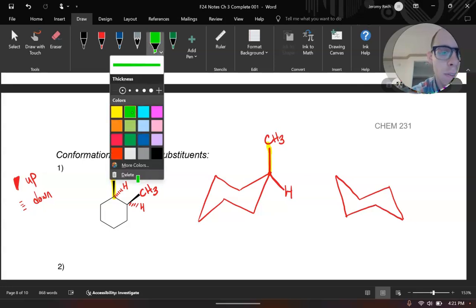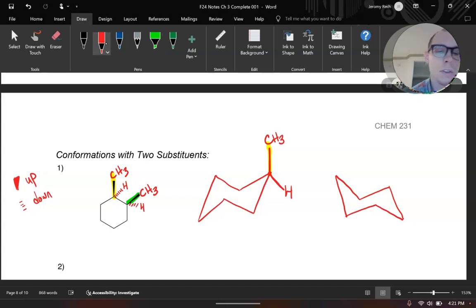Now let's grab a different color. Let's do green. Let's draw where that green CH3 is. That green CH3 is going to be exactly one carbon clockwise away. So I'm going to go clockwise, and that's going to get me down to this bottom part. That bottom part is going to have two spots, an axial and an equatorial, and we're going to need to put our groups here. Now, my CH3 has a wedge, and that wedge means it's going to be in an up position.